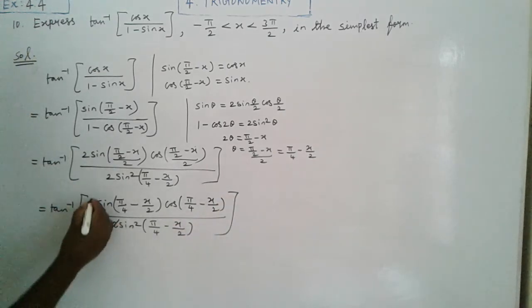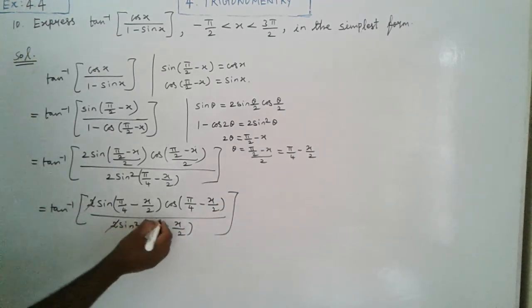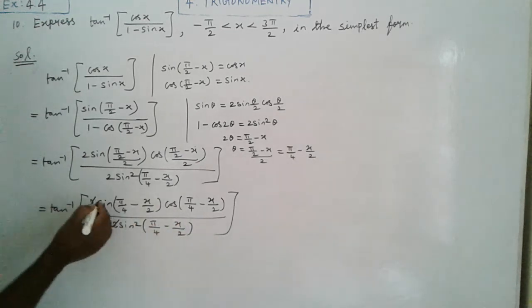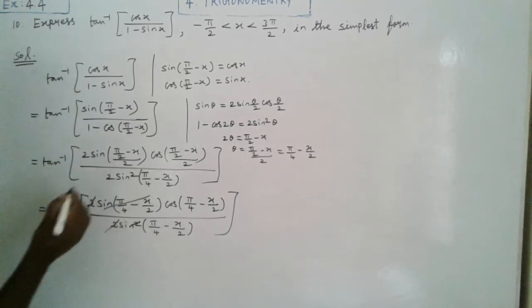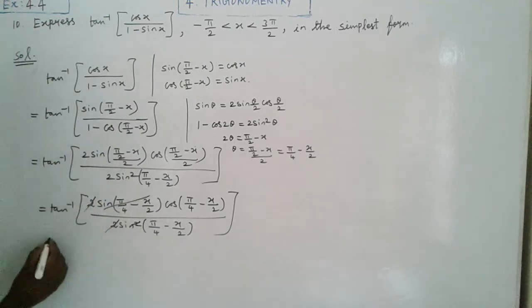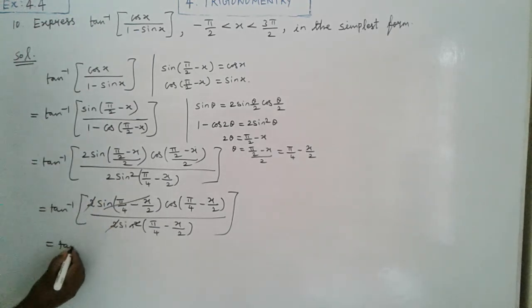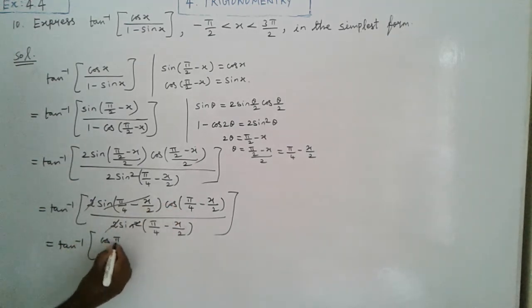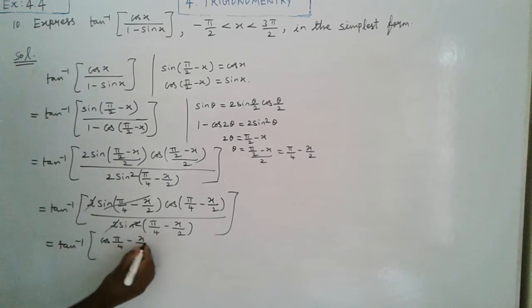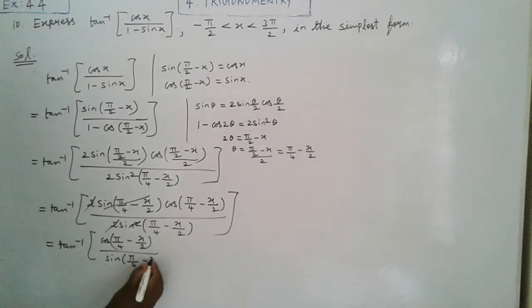So here the 2s cancel, and one sine cancels. What remains is tan inverse of cos of (pi by 4 minus x by 2) divided by sin of (pi by 4 minus x by 2).